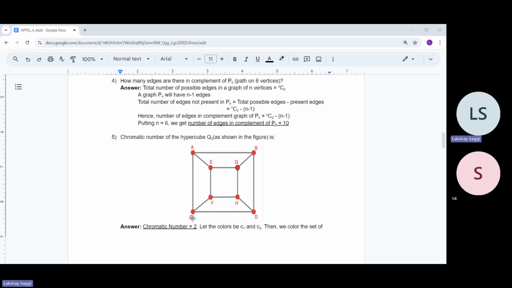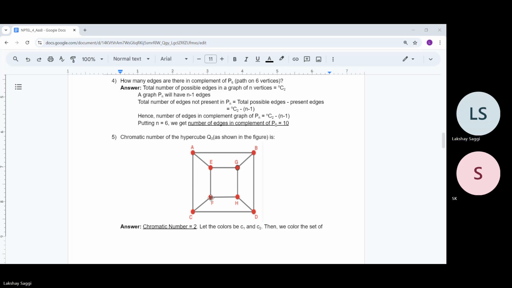Now, B has color C2, so G and D should have different colors, and since we are dealing with just 2 colors, G and D should have color C1. Similarly, E also has color C2, so its neighbors should have color C1. A already had C1, G has C1, and F will also have C1.